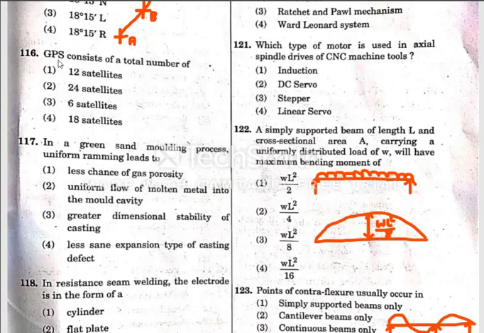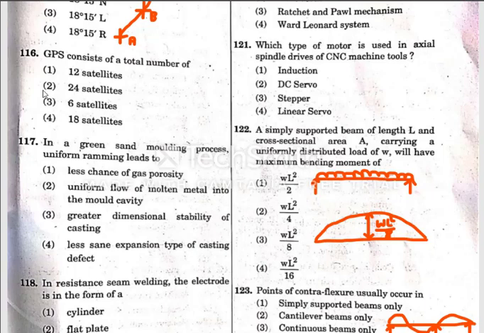And the next question, global positioning system consists of a total number of dash satellites. GPS consists of 24 satellites. So 24 satellites is the correct answer. Option 2 is the correct option for this question.